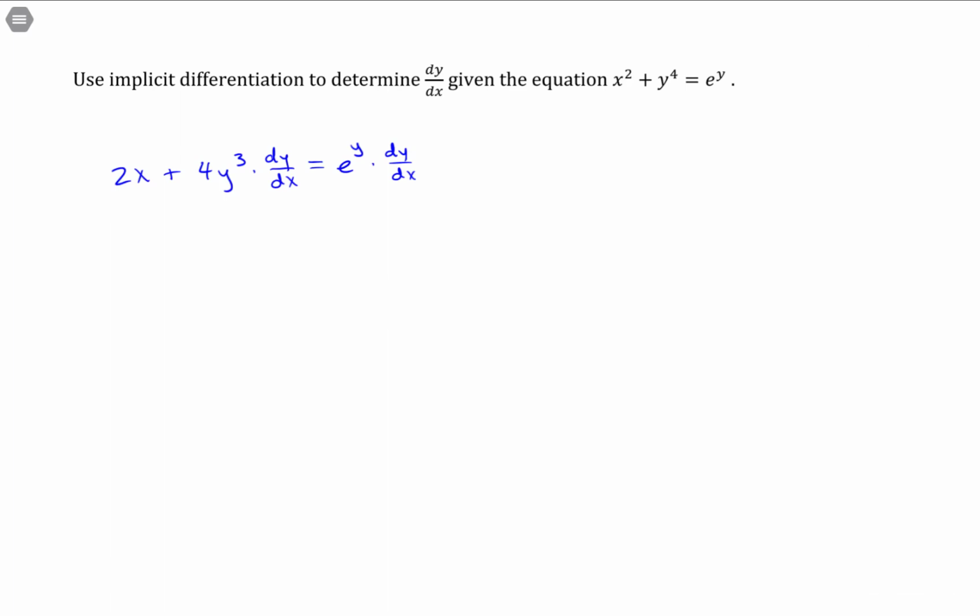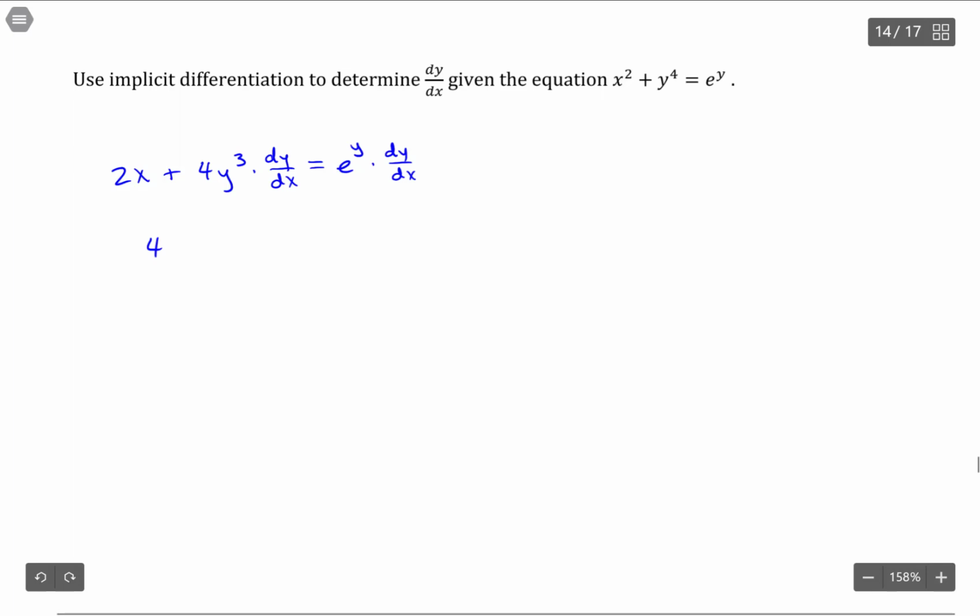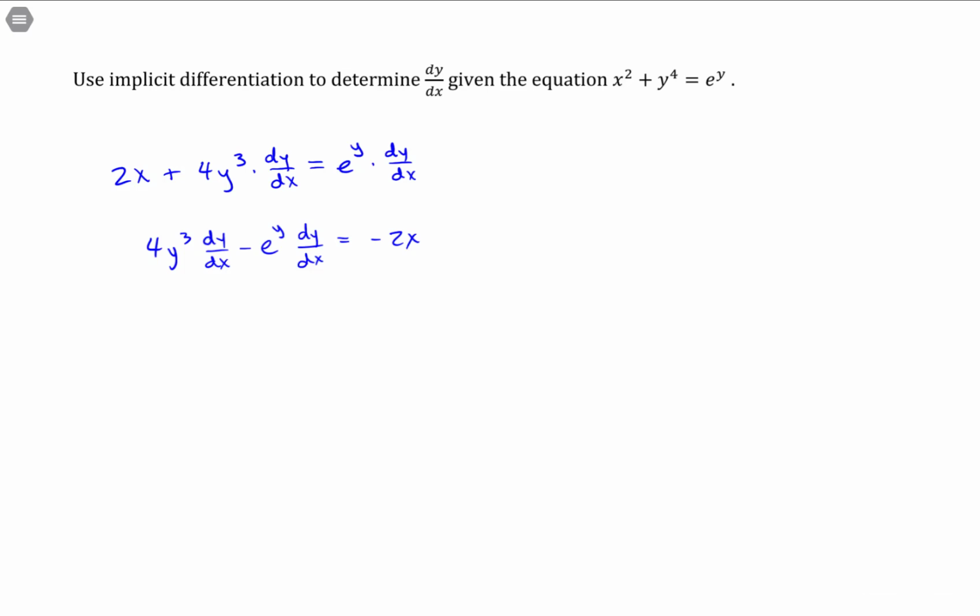Now let's bring all the terms with dy/dx to one side. So I'll write this as 4y cubed dy/dx minus e to the y dy/dx equals negative 2x. Just changing sides by subtracting terms over.